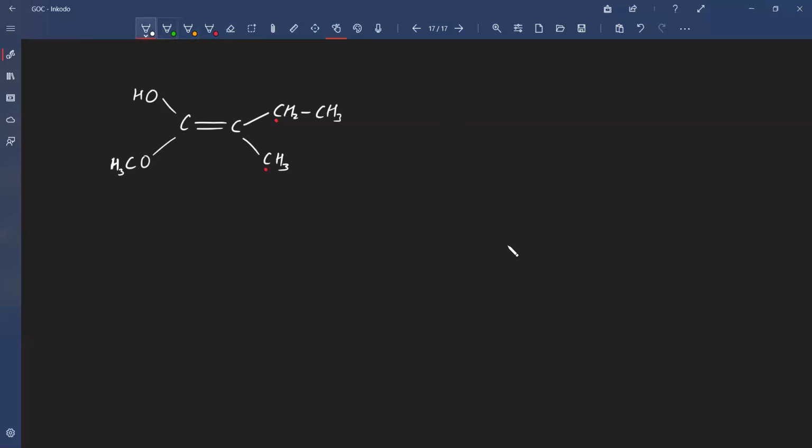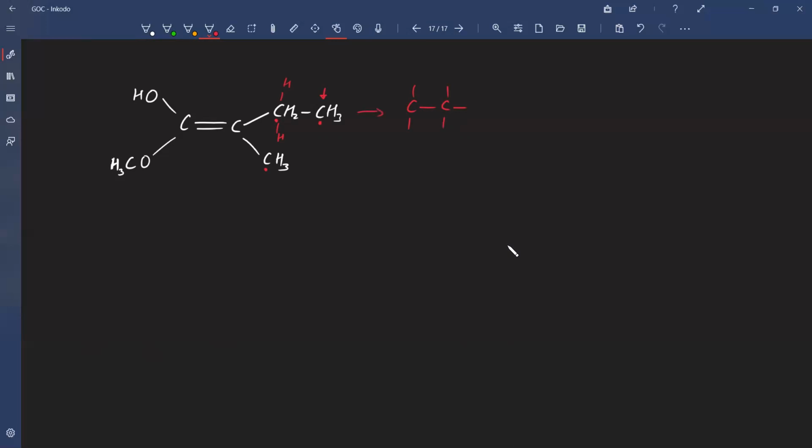So I move to the next atom. What is the next atom? Carbon. And here what is the next atom? Hydrogen. There are two hydrogens here. And then the carbon is attached to carbon, hydrogen, hydrogen, carbon, hydrogen, hydrogen, hydrogen.